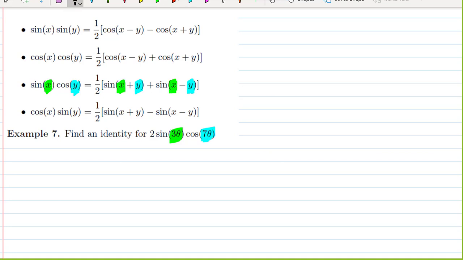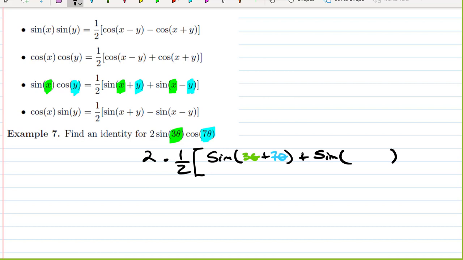So if we use that identity, we're going to have 2 times 1/2 times sine of 3 theta plus 7 theta, and then plus sine of 3 theta minus 7 theta.